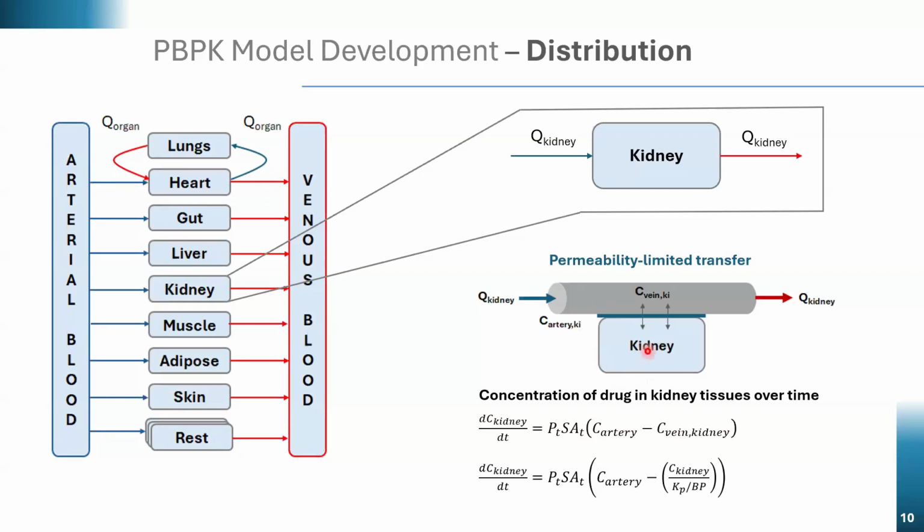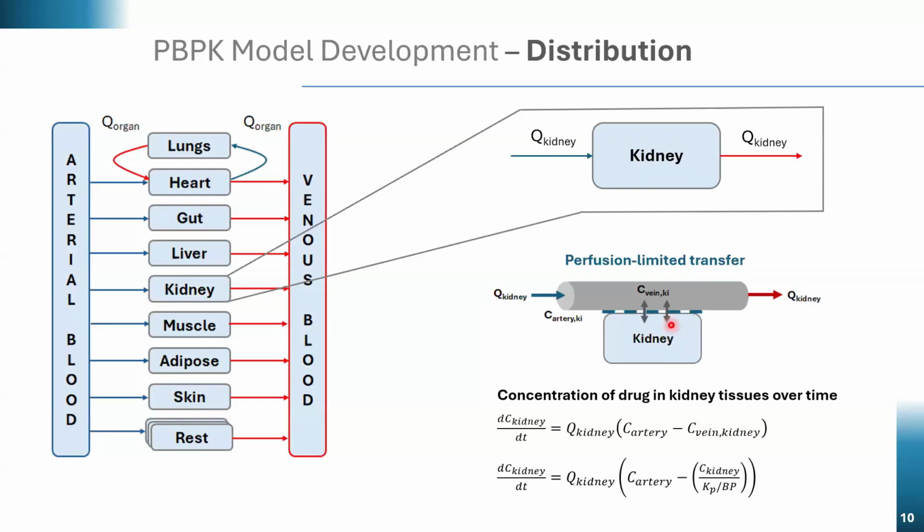Okay, so for example, even if blood flow to this tissue is very high, meaning that a high amount of drug is presented here, how much of this drug eventually enters the kidney is dependent on the permeability through this membrane, not a function of how much of the drug is presented to that site. So when this is what is happening, we can say that the drug is experiencing permeability limited transfer.